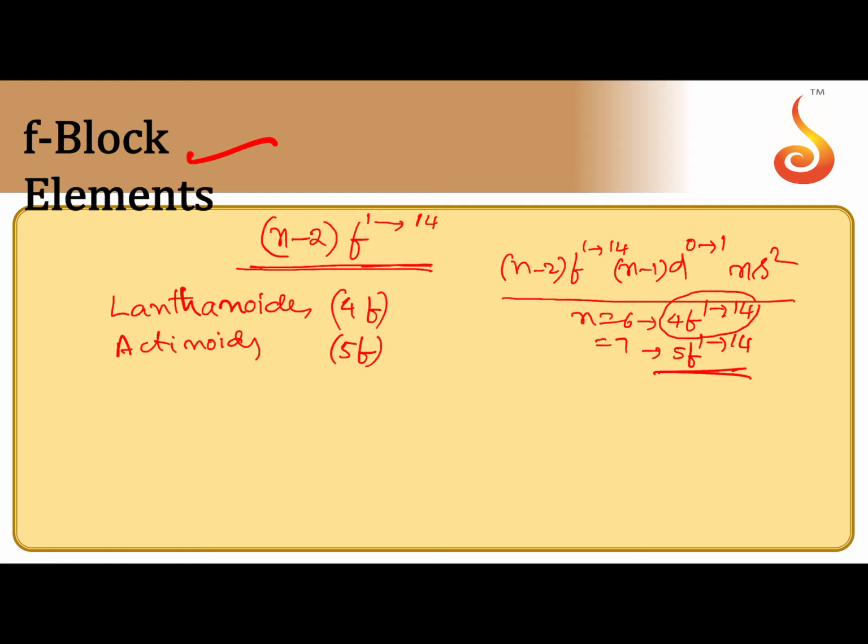Lanthanoids start from cerium 58 and end with lutetium 71.